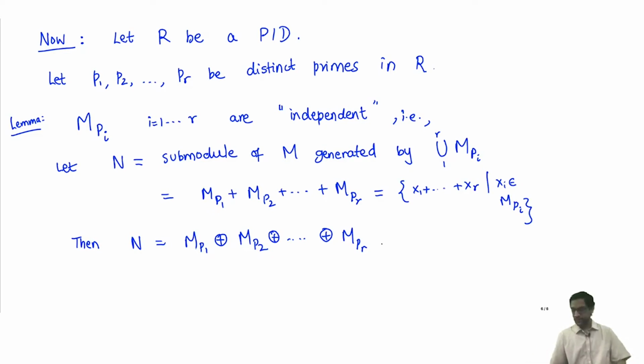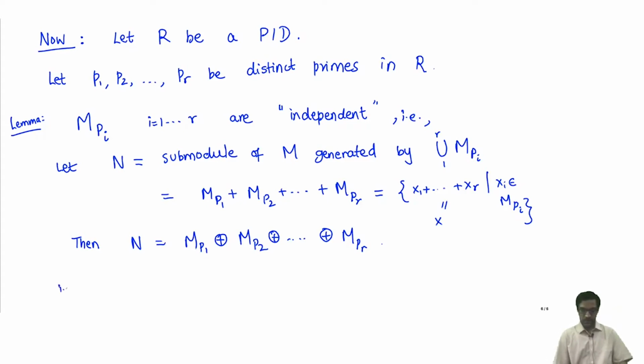And if you recall what this direct sum means, going back to the lecture on direct sums, it says that each element x in the sum of these submodules can be written as x1 plus x2 plus xr, where each xi comes from MPI, in a unique manner.